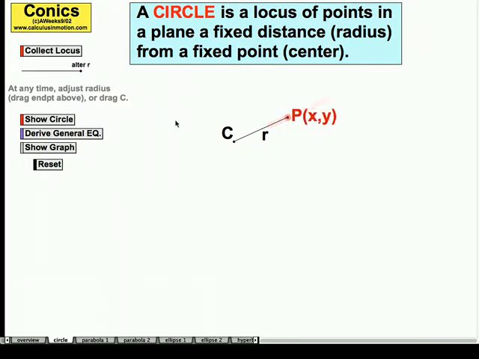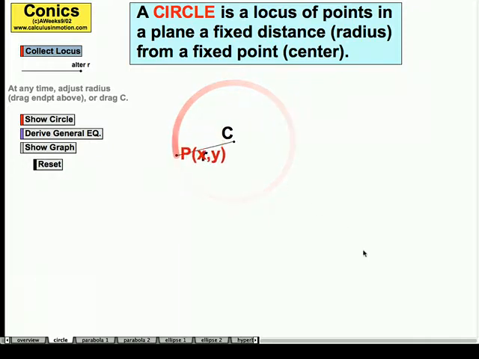Now, question, well actually let's do this first. If I want all points that are this distance, imagine I've given these two constraints and now let's go out and draw all of those points. Let's collect this locus so you can see. If I was to draw all of those points, it's a fixed distance.